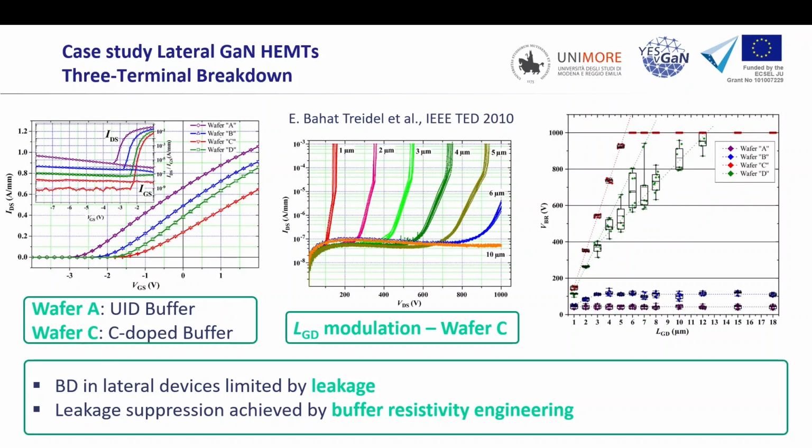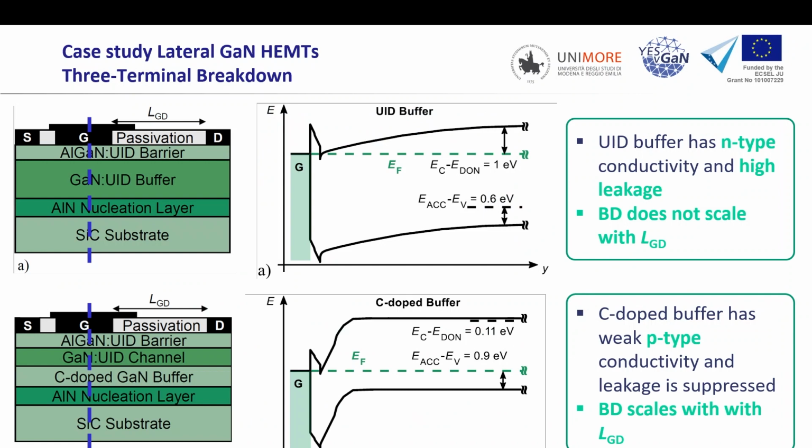You can see that in this case, increasing LGD increases your breakdown voltage. Here actually the voltage is limited to 1000 volts just because of the limitations of the system, but the point here is that this slope is much less than the critical field of GaN. So the question would be why this is happening. So we tried to understand that.